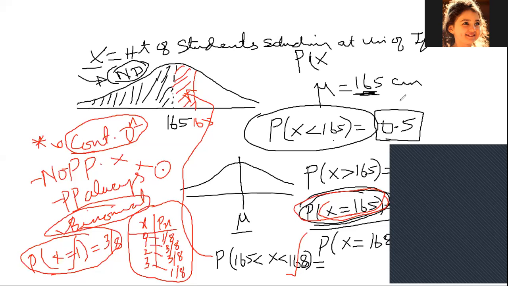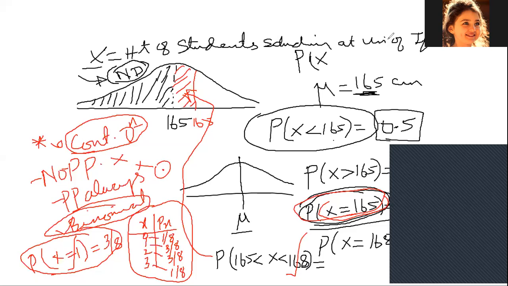Yes, sir. Right. Did you understand what is this point probability in continuous distribution and discrete distribution? In discrete distribution, there is a point probability because we are not basing the probability on the area. But in continuous distribution, the probability is based on the area calculation.